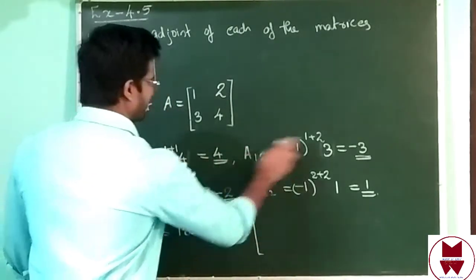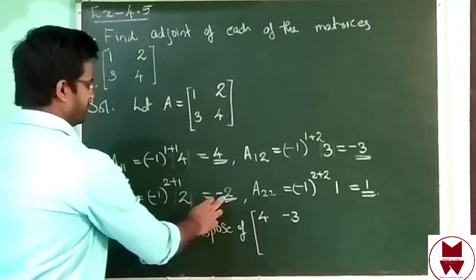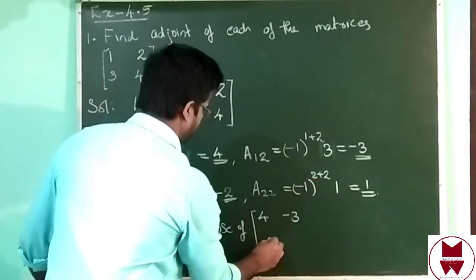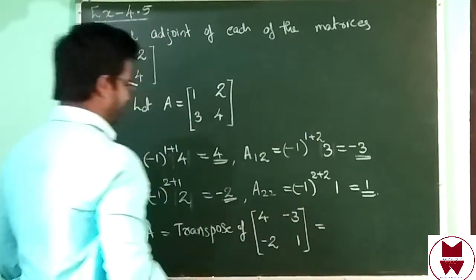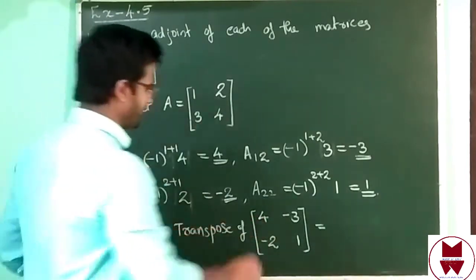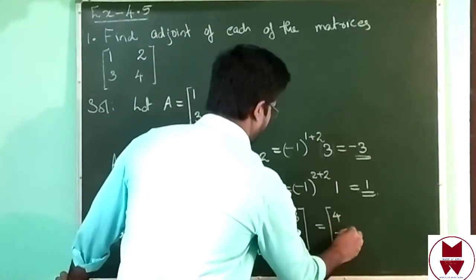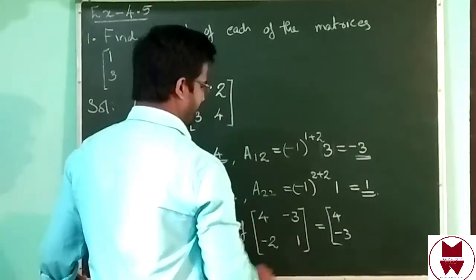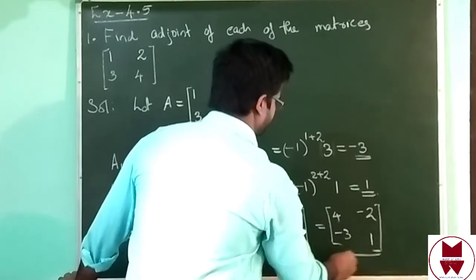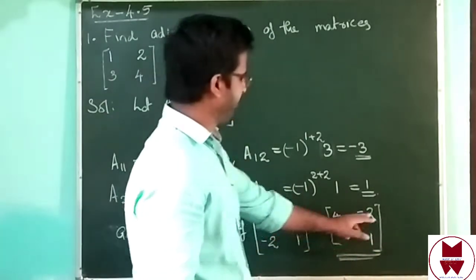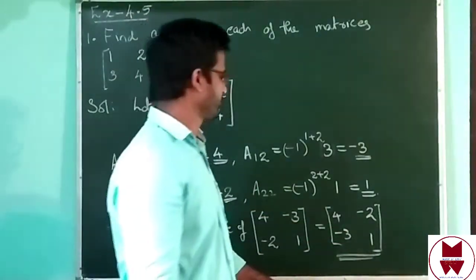That is 4, minus 3, minus 2, 1, equal to the transpose of this matrix. We can write the first row, 4, minus 3, as the first column. Then the second row, minus 2, 1, as the second column. The matrix 4, minus 2, minus 3, 1. This is our adjoint matrix.